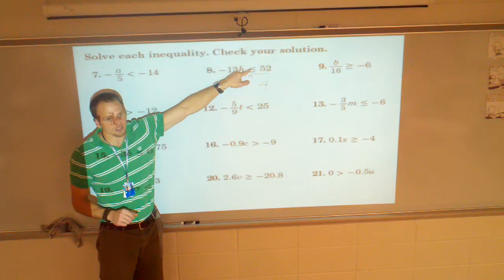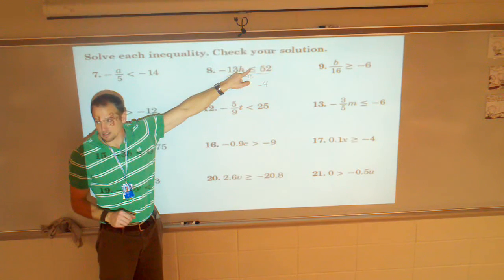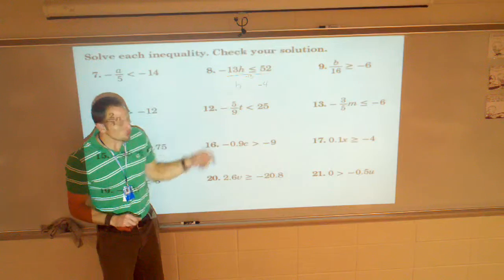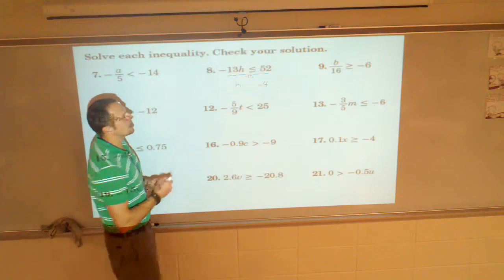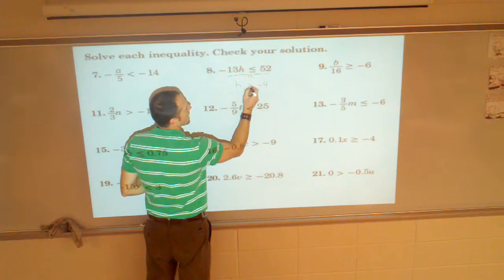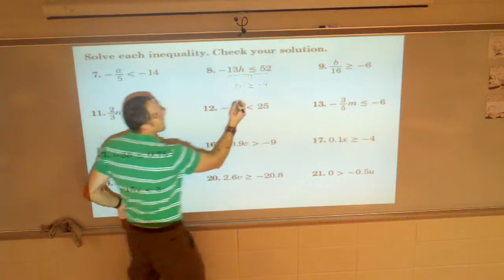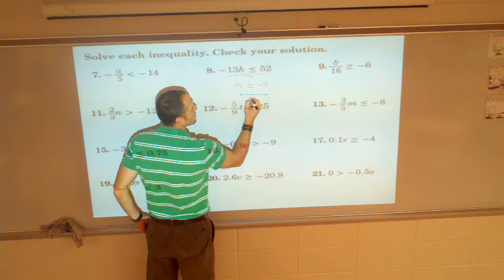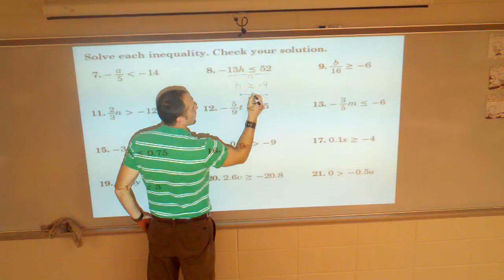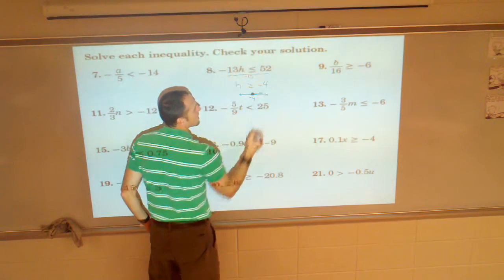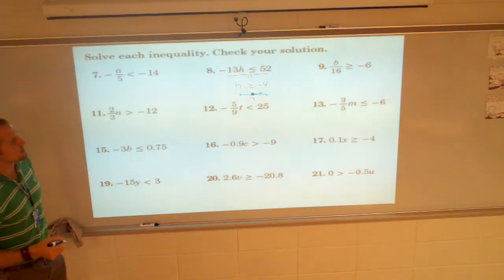One of those things isn't really going to make sense. Just memorize it. If you multiply or divide by a negative number, you have to flip the sign. So, my answer is going to be like that. h is greater than or equal to negative 4.